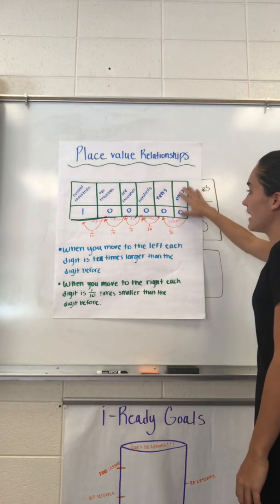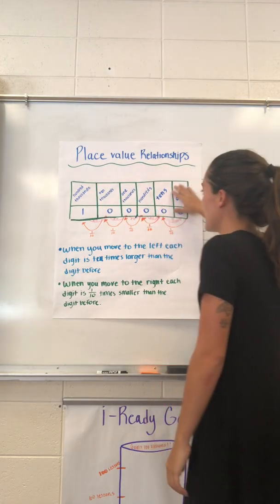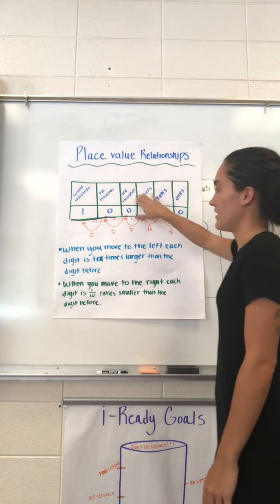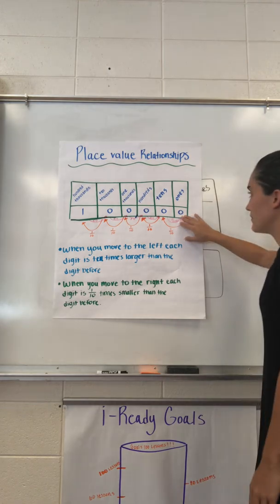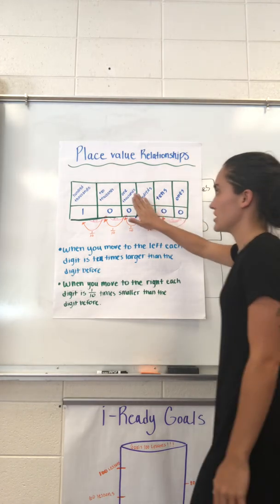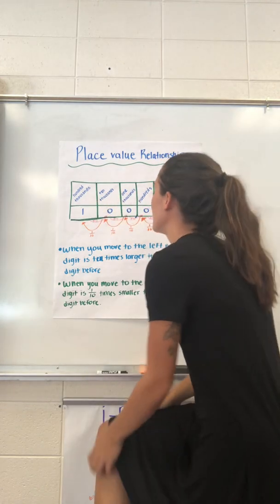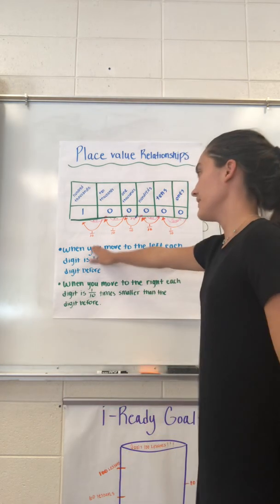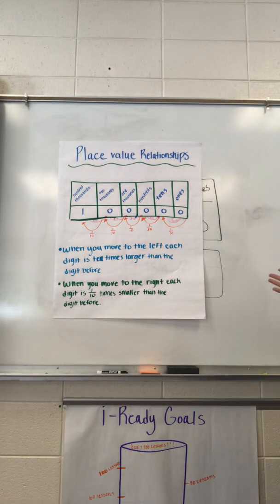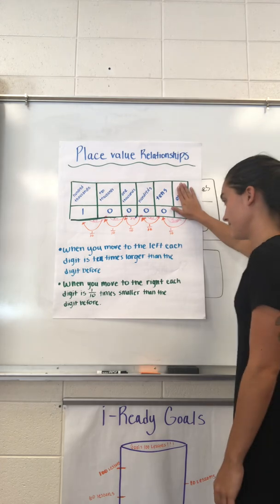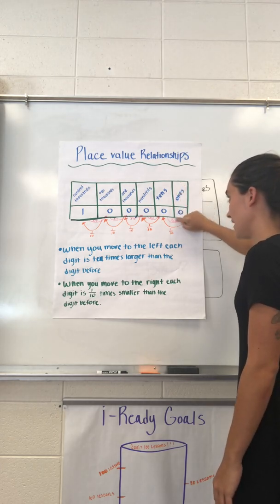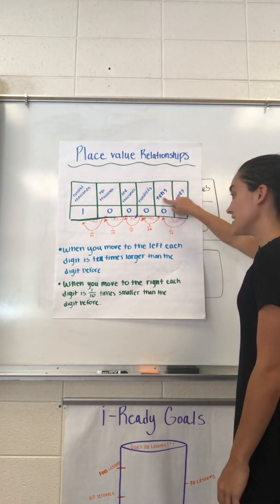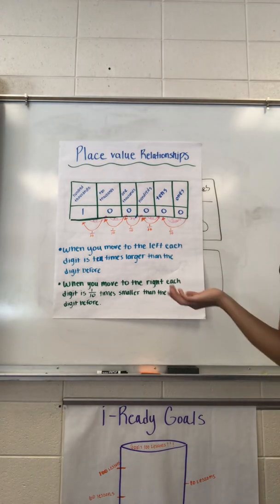I've got the number 100,000 and I've broken it down by each place value. So I've got my ones, tens, hundreds, 1,000s, 10,000s, 100,000s. If you read right here, when you move to the left, each digit is 10 times larger than the digit before.